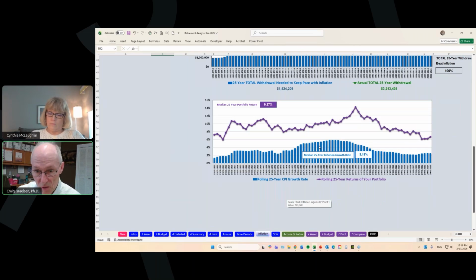And you'll notice, as expected, that the highest rates of inflation were basically covering the 1970s and 1980s. Then it's tailed off, and over the last dozen rolling 25-year periods, we're down now to a little over 2% median inflation growth rate.